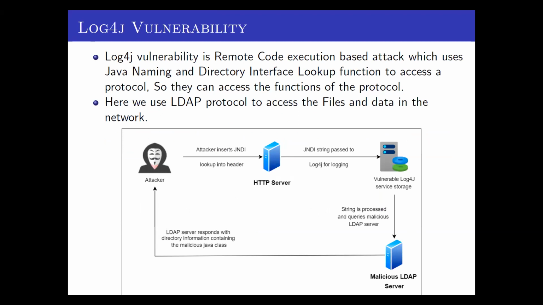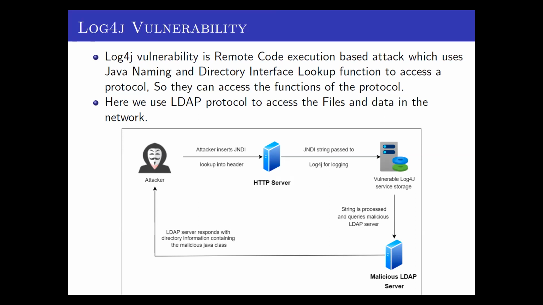We have seen what log4j is. Log4j is a logging service, right? So the application always uses log4j for storing the log of an activity. Through this, malicious code can be manipulated through remote code execution.